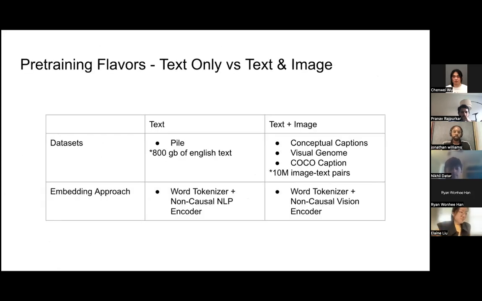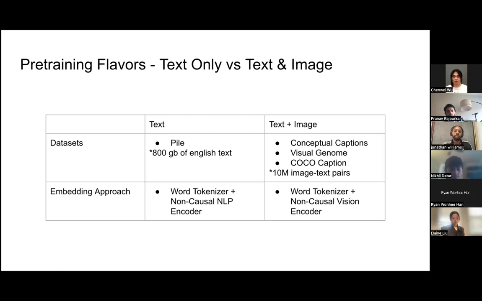MetaLM was pre-trained for two different kinds of tasks, text classification tasks and text plus image classification tasks. And we had to use two different data sets to accomplish this goal. When they trained MetaLM for text classification tasks, they used the Pile database.